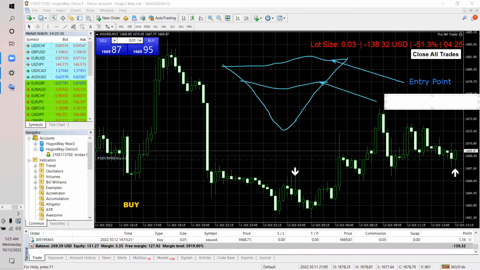I guess the entry point I would consider the honeymoon phase. This is kind of like the non-honeymoon phase of trading. That's the best way I could think about it at this time.